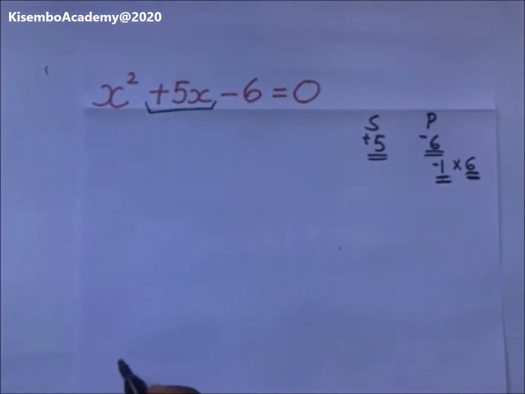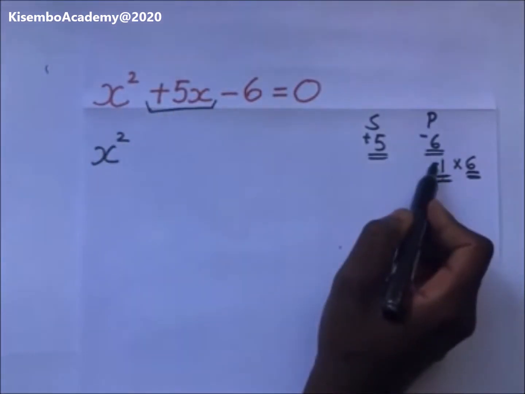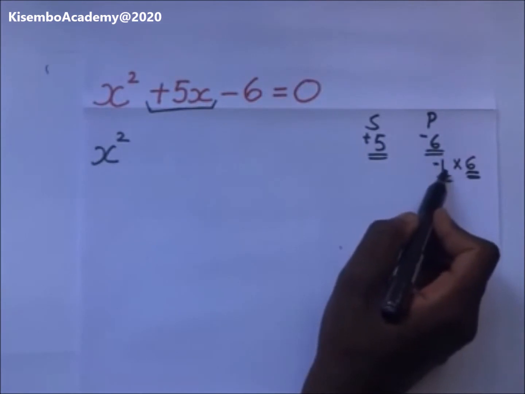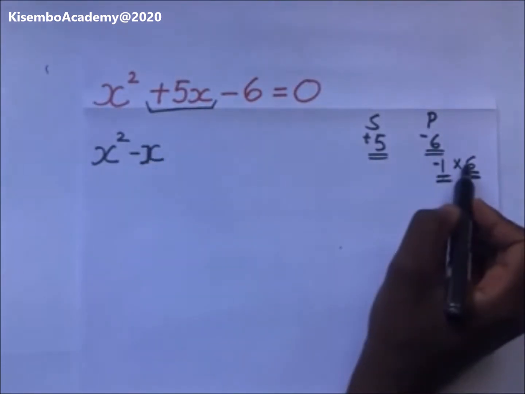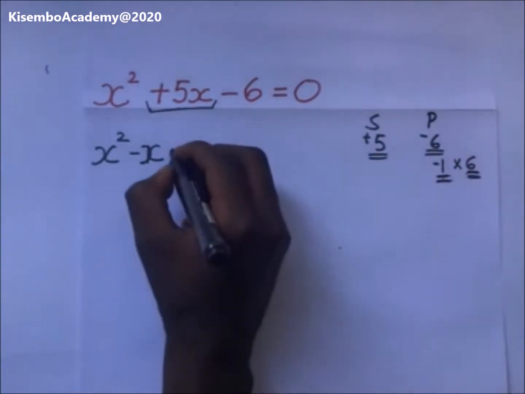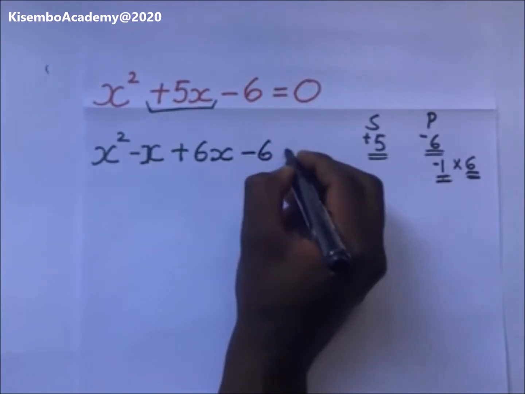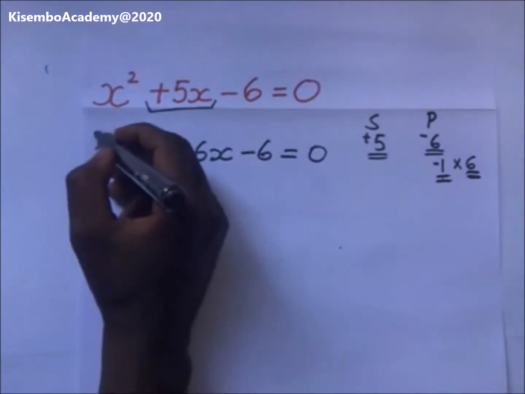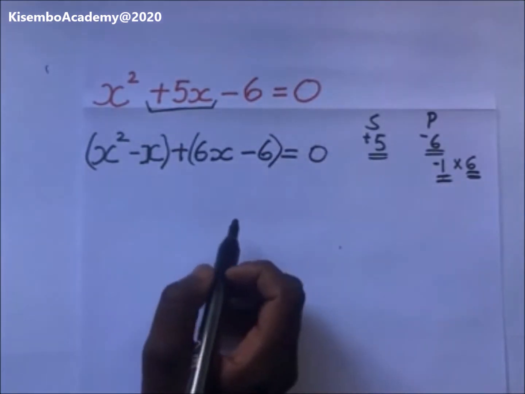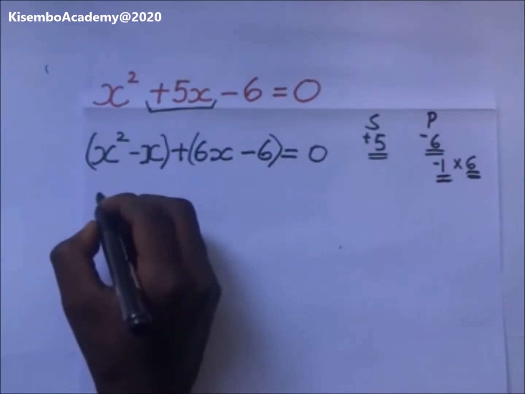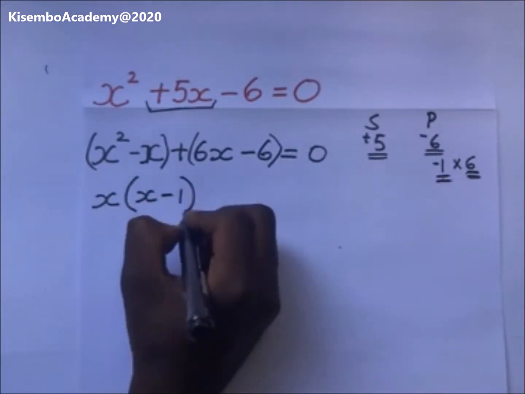So we begin our factorization. This becomes x squared minus 1x, minus x, plus 6x, then minus 6 is equal to 0. Then we introduce brackets and factorize. The common term in the first pair is x, so it is x into x minus 1.